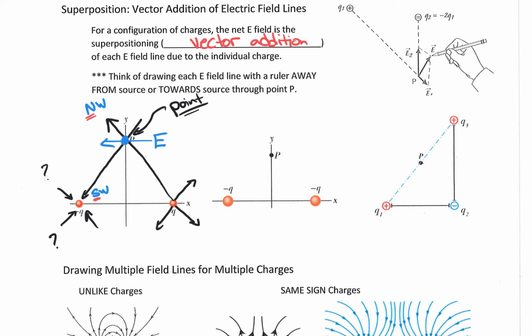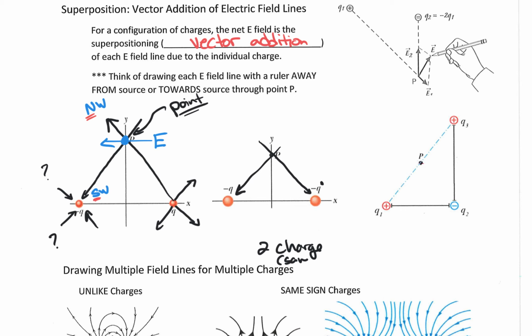Now, what if you have two charges that are the same charge? Let's see how it's different. For negatives, the electric field lines point in, and for the other charge, the electric field lines point in.